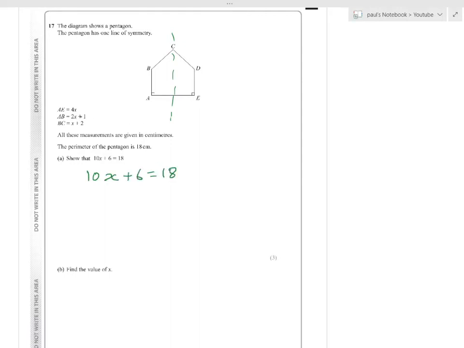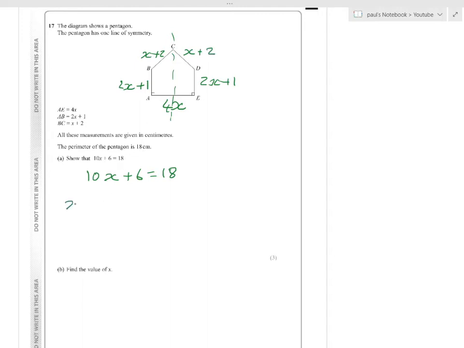Okay. So, AE is 4x. AB is 2x plus 1. So that is 2x plus 1. And this is x plus 2. BC is x plus 2, and that is also x plus 2. So all that equals 18.